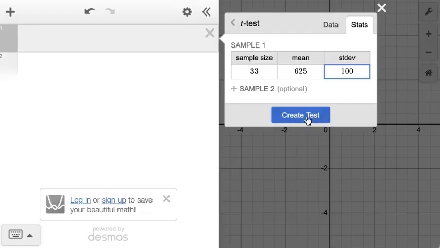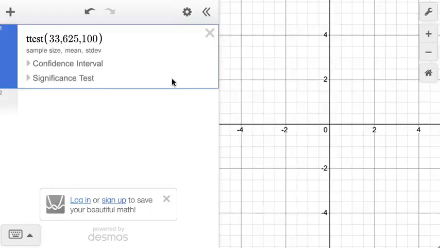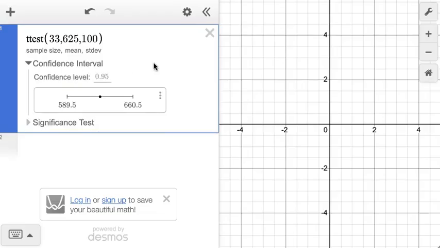So we're going to create test. Now we want a confidence interval. And the question asks for a 95% confidence interval. So we're all set here. They already have 0.95 there, but I'll type it in again. So our confidence level is 0.95 because we want a 95% confidence interval.